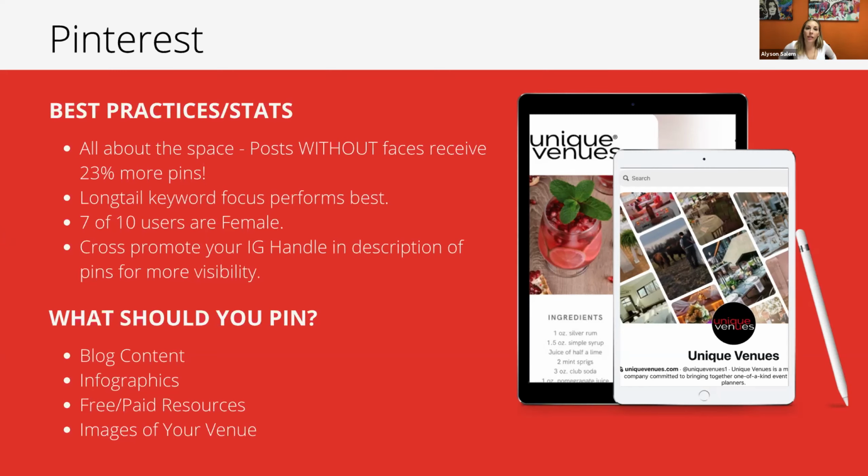Maybe you post that as a pin and direct people back to your landing page to give us your email to join our mailing list and receive this free bride guide. That's one way to not only grow your email list, but also capture a lead for a potential client. And using images of your venue on Pinterest is huge. And you can also use hashtags in Pinterest in your caption.